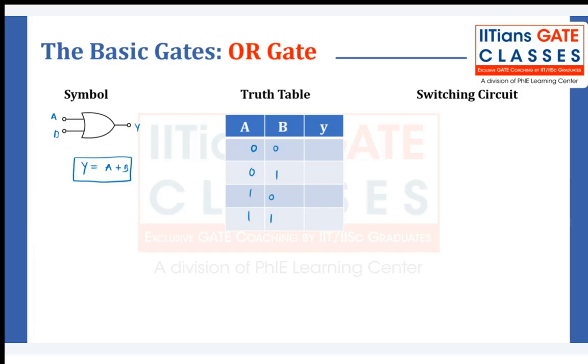Aditya, you are not responding. It is 0, 1, 1, 1. So if any of these inputs is 1, then the output will be 1. So A and B are the inputs, and Y will be the output.